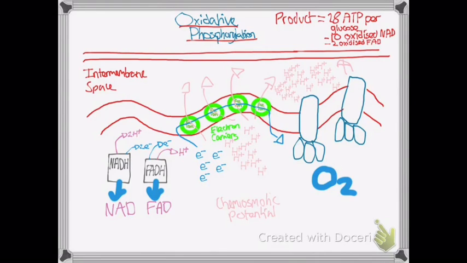And what happens is the hydrogens travel through these ATP synthase molecules, and as they do that, they provide energy for the turbines to move.